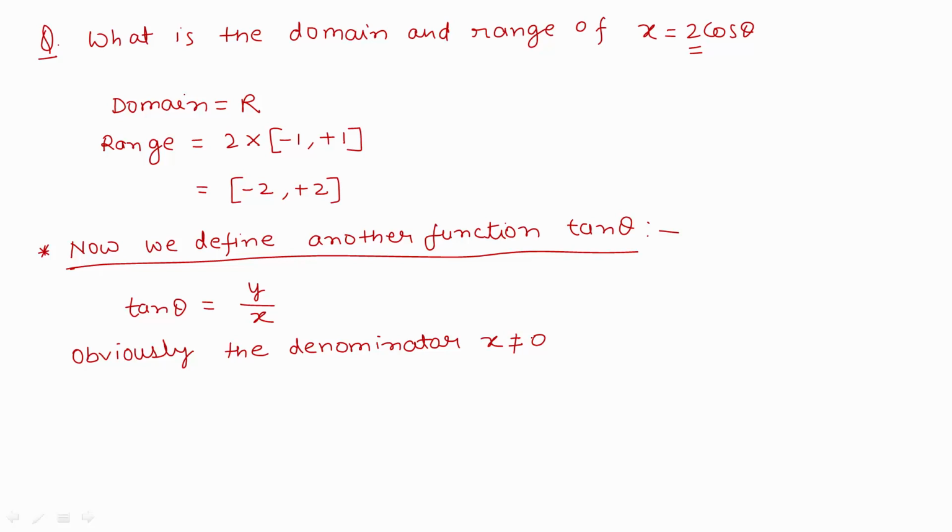When x is equal to 0, then tan theta becomes infinity, because at x is equal to 0, tan theta is approaching plus minus infinity. So we have to subtract those values of x from the domain for which tan does not give a real number.